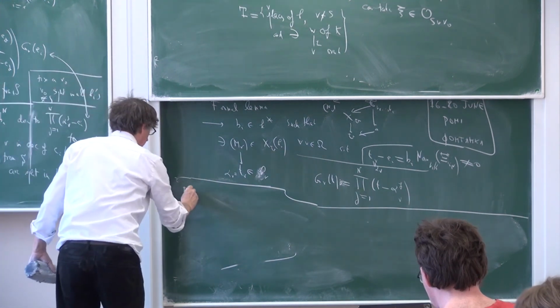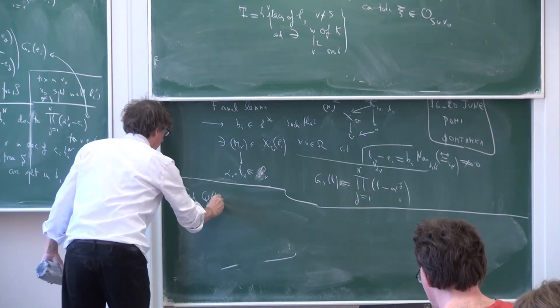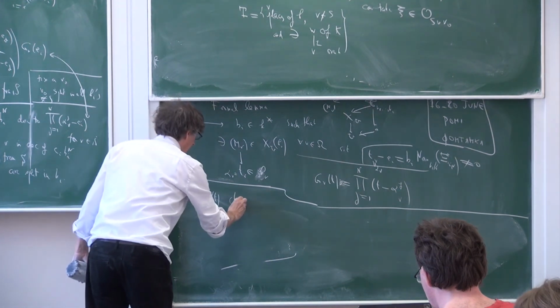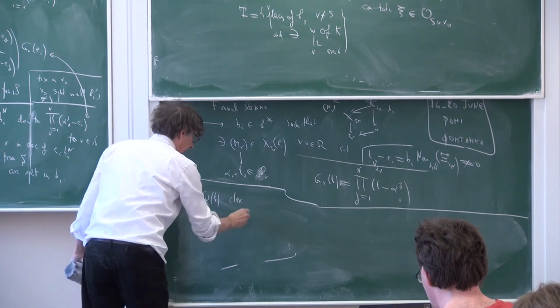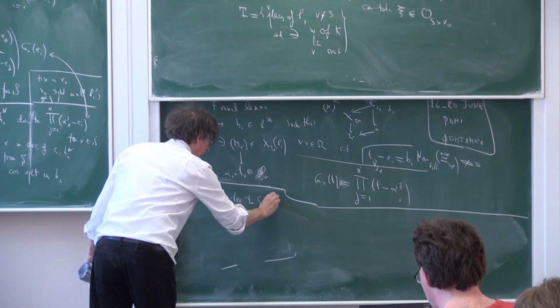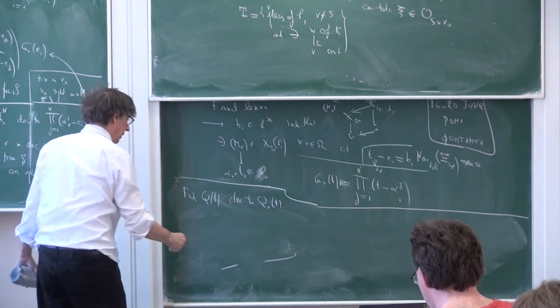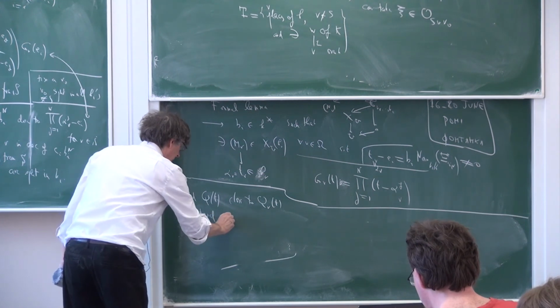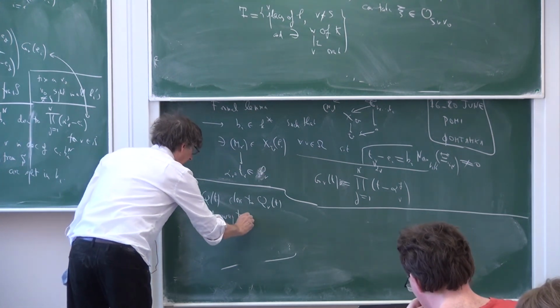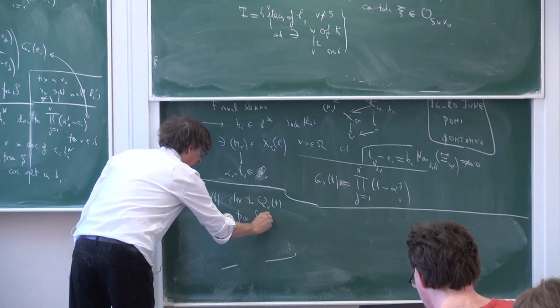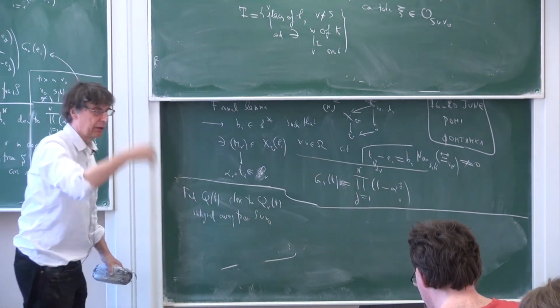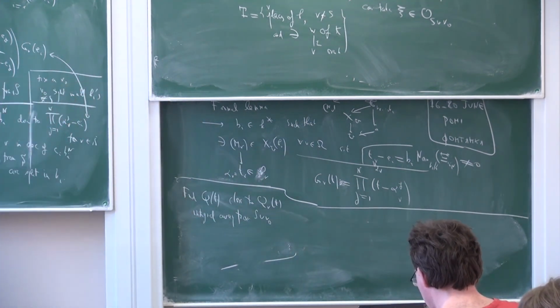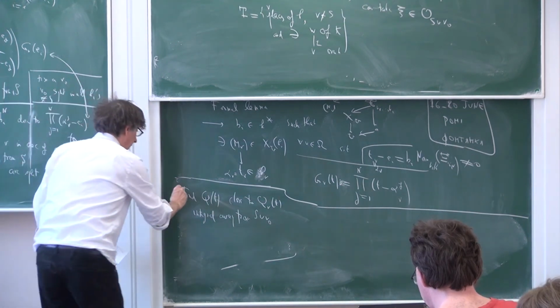So find Q of t, global, close to QV of t, monic, integral. Here we just use stronger approximation away from S union V0. V0 is the one where we allow denominators. And so we find this G of t.